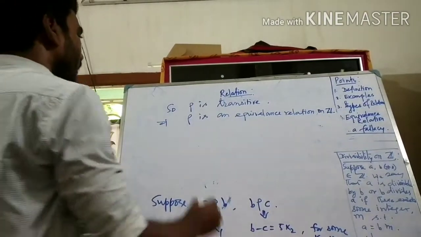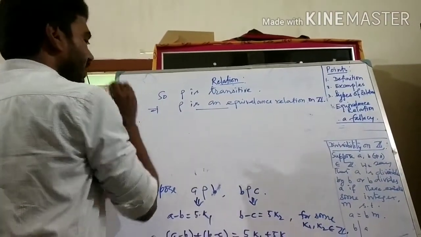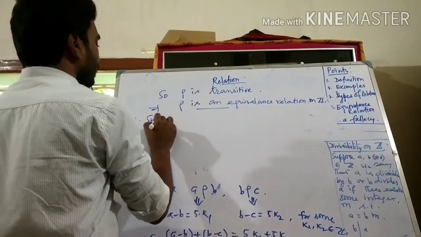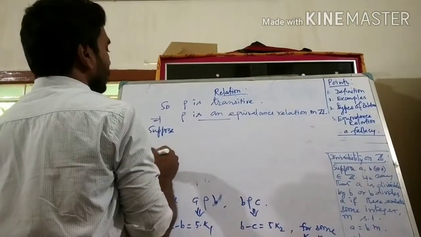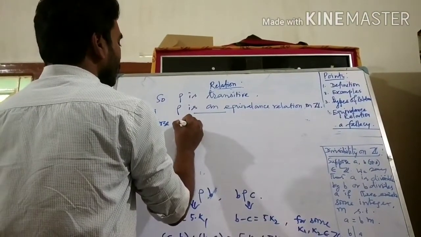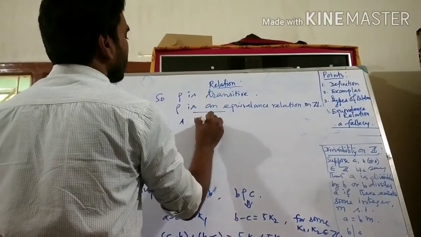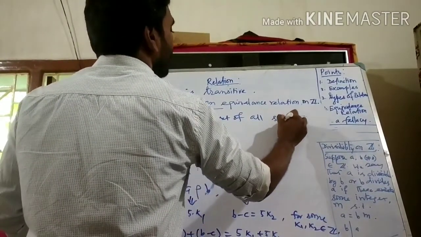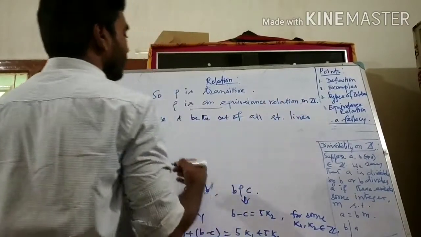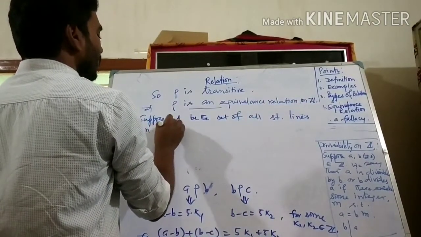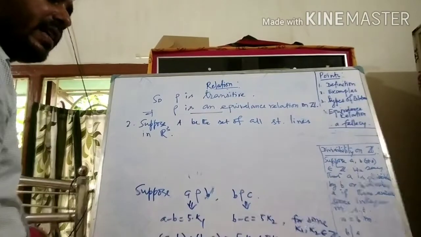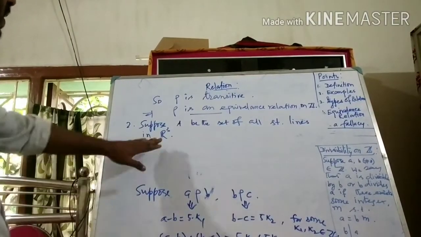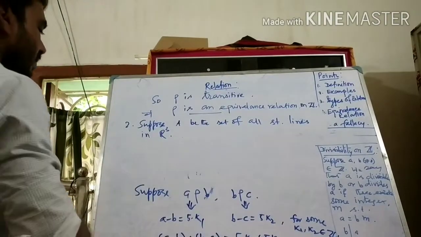Okay, let us come to another example. Suppose A be the set of all straight lines in the three-dimensional space R3.